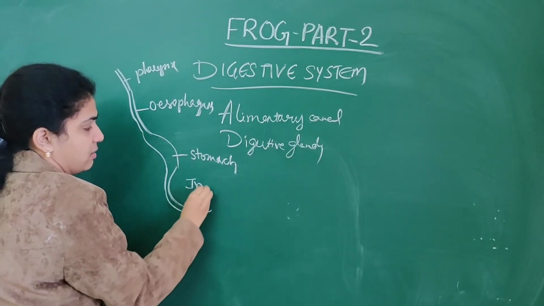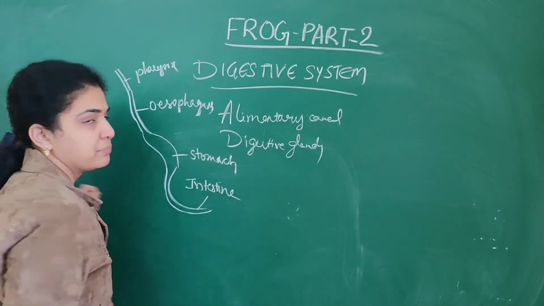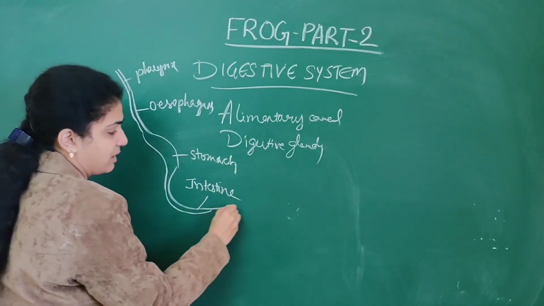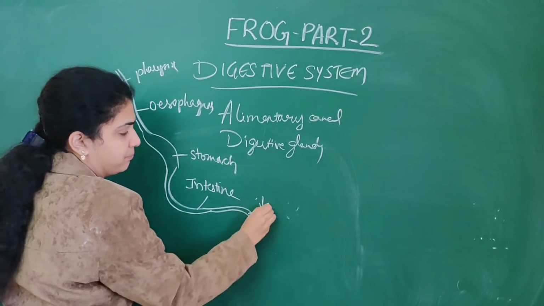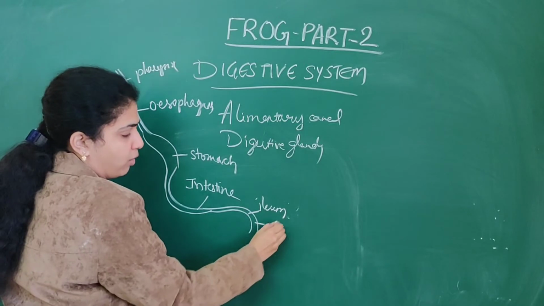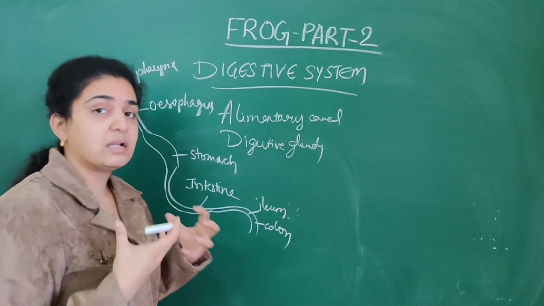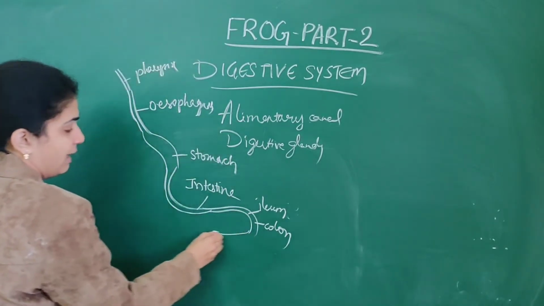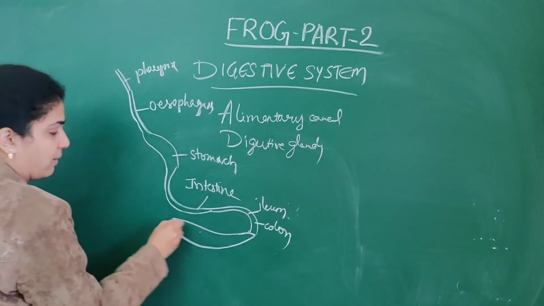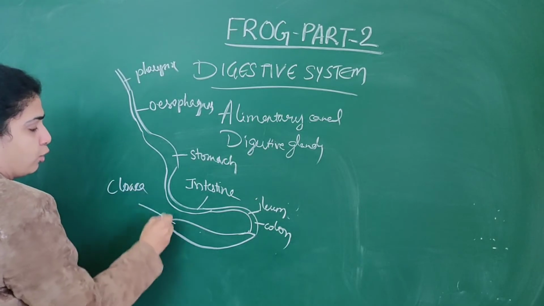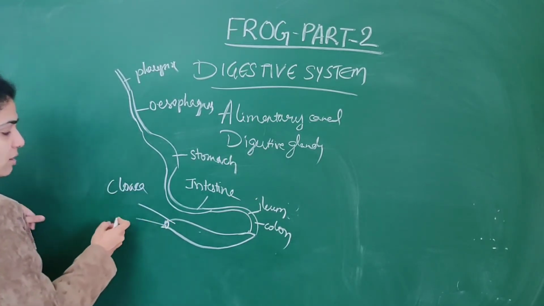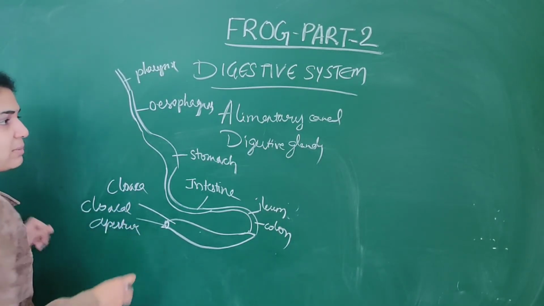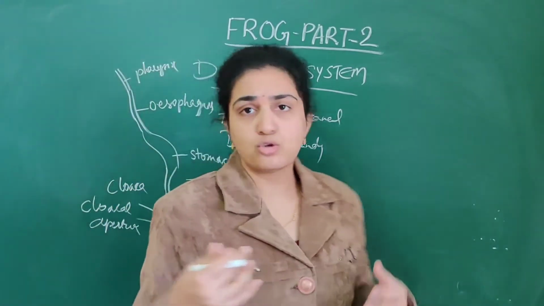In the intestine, duodenum, jejunum, ileum, colon, and finally the rectum are present, like ours. But in human beings it is excreted out through the anus, while here it is excreted out through the cloaca, which I told you about. Through the cloacal aperture all the undigested food passes out. Same as our human beings, no need to get so confused.